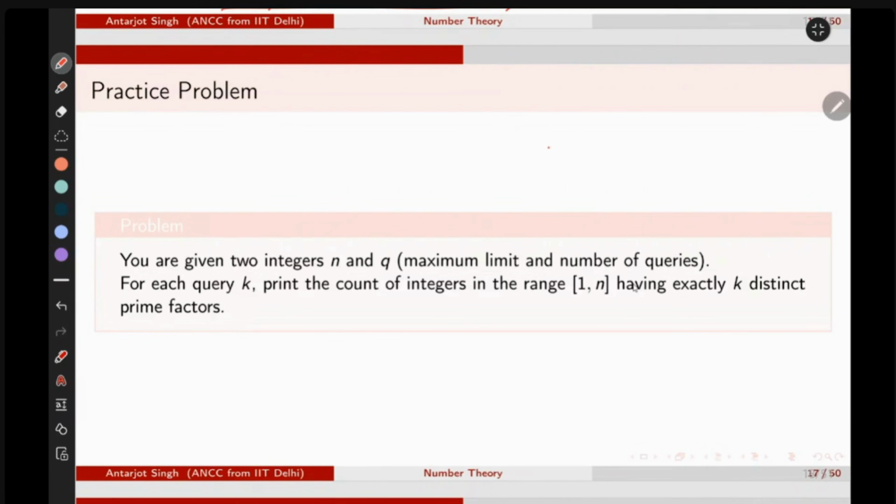Here you have q number of queries, and till n you have to print the count of integers in range having exactly k distinct prime factors. Does anyone have an idea how to solve this?